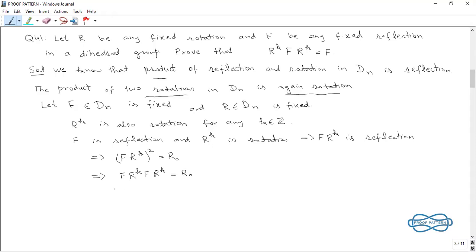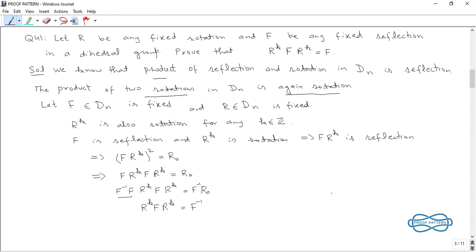Okay, now if we pre-multiply both sides with f inverse, we get f inverse times r naught, which will be the identity, so we will get r^k f r^k is equal to f inverse, sorry, f inverse.